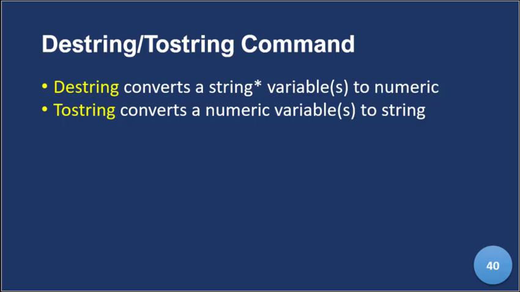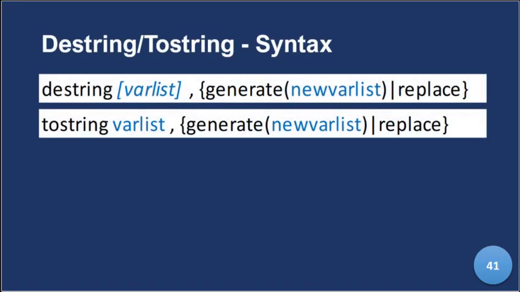So let's look at the syntax. Very similar syntax. So destring is followed by a var list. You can take a couple of string variables in red and destring them. And then we have a comma, generate a new var list, or you have what we call replace.